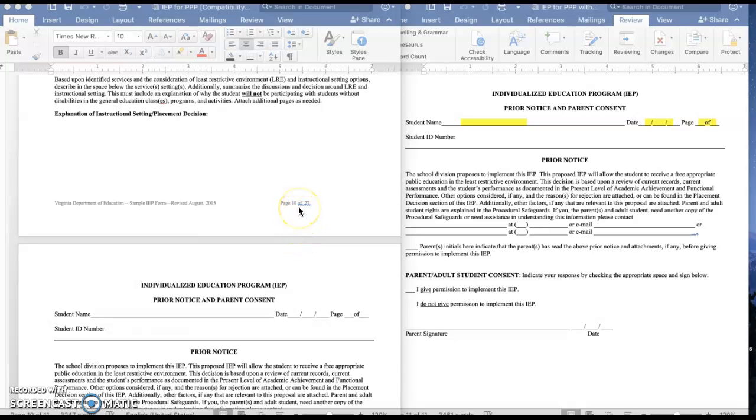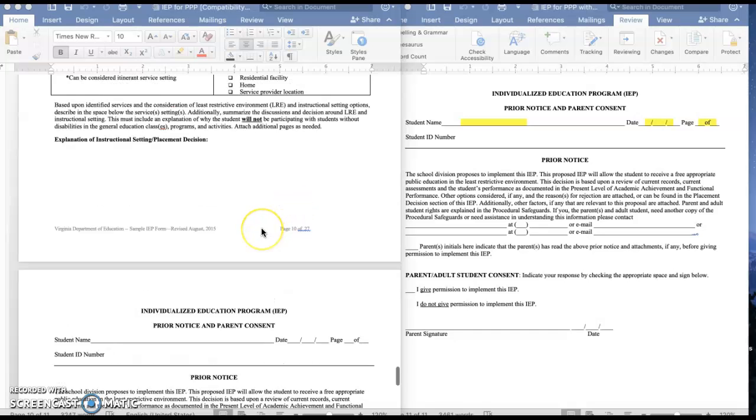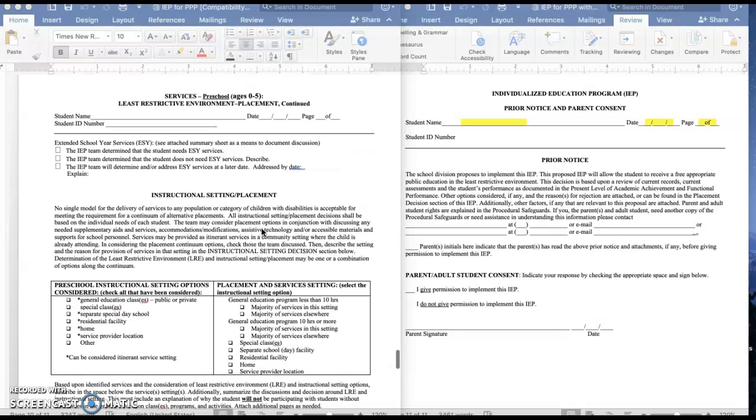You can see that there are many pages that are missing. There's a lot of explanation pages that VDOE adds in that I took out. You don't need to have all of those. And then there are some that are relevant only for older students, and so you didn't need to have those in this document. So this is an abbreviated document, but it works for this assignment.